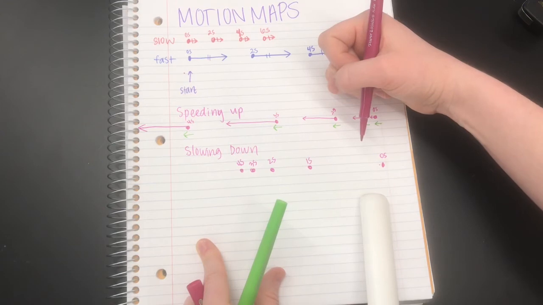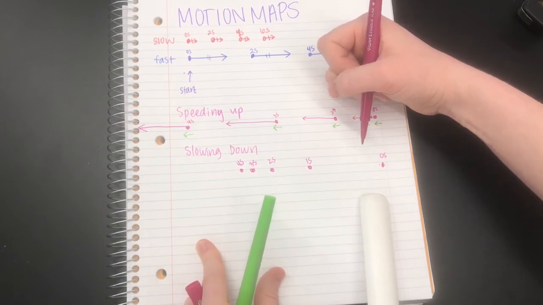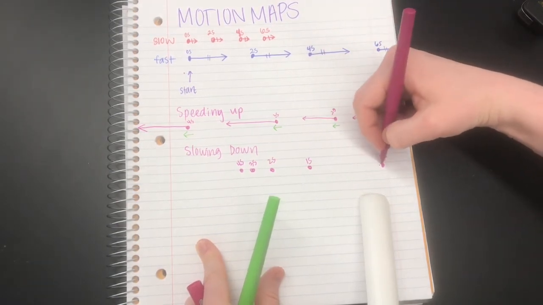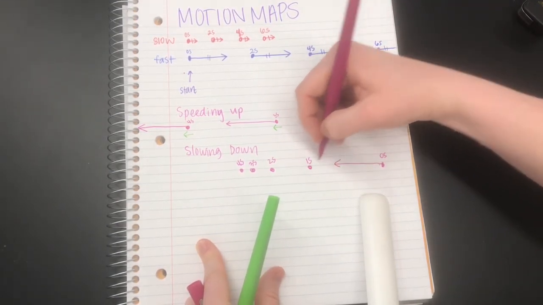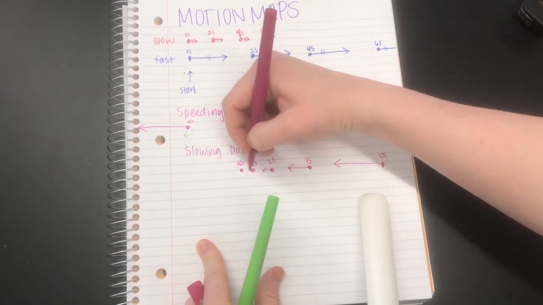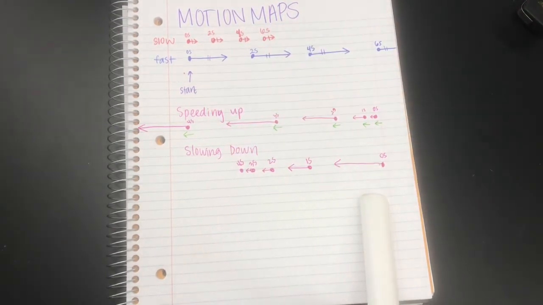Or should they increase in length over time if I'm slowing down? My velocity is getting smaller, so my vectors should also become smaller. And maybe I'm not even moving at 4 seconds. If I'm not even moving, I'm not even going to draw a velocity vector.